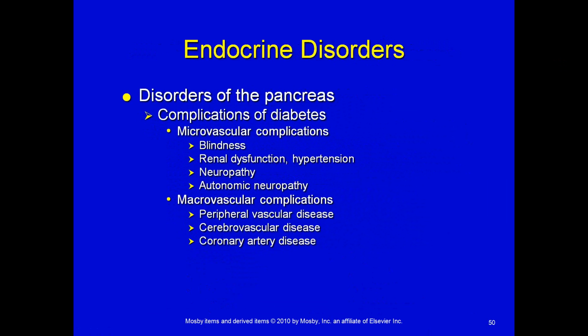And then autonomic neuropathy, neuropathy that occurs as a result of chronic high blood sugars destroying other nerves in the body, leads to things like, type 1 diabetics are more prone to what we call silent MIs, not having the classic crushing substernal chest pain because of the nerve damage from the autonomic neuropathy.